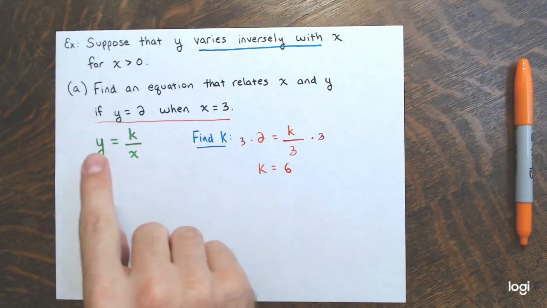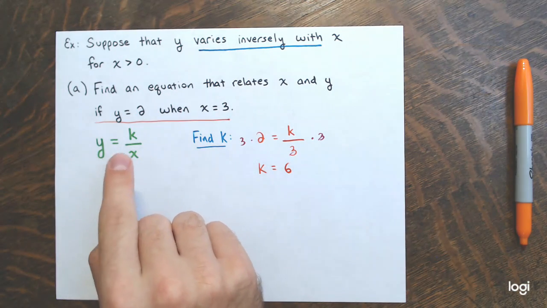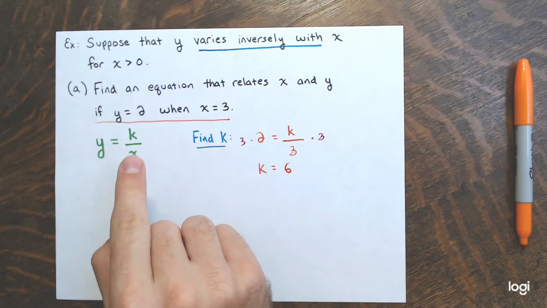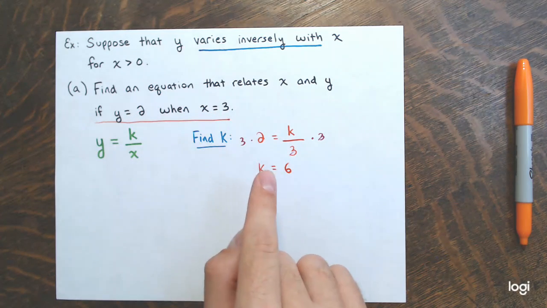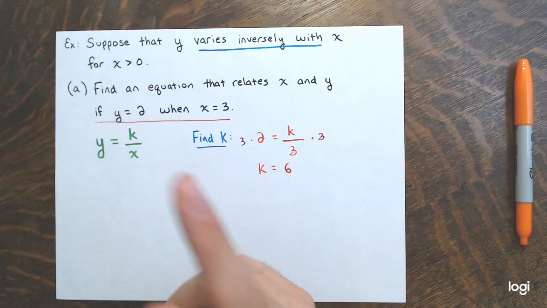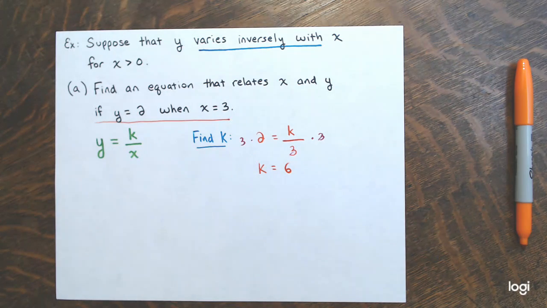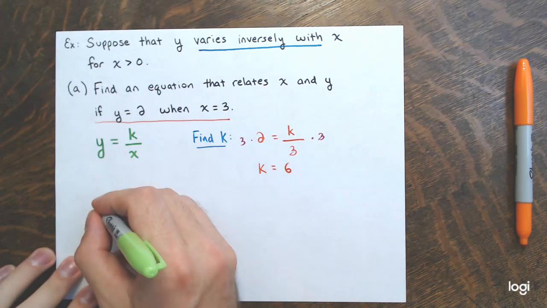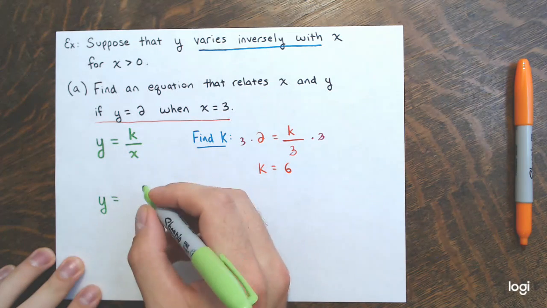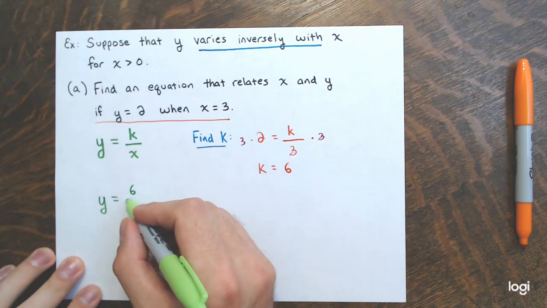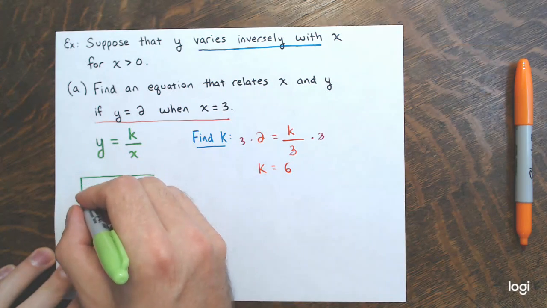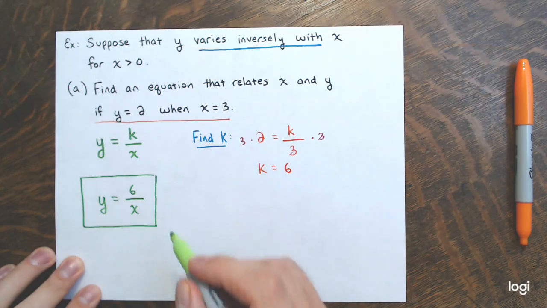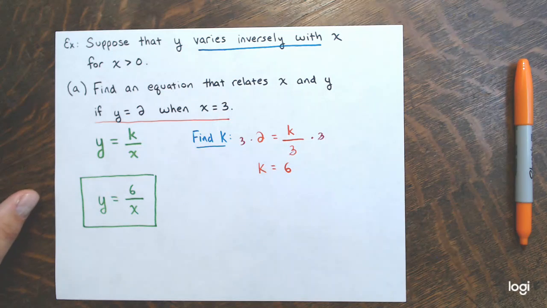We know that y and x are inversely proportional, so y must be some constant divided by x. And if y is 2 and x is 3, the value of k must be 6. So the equation we're looking for is y equals 6 divided by x. There's your relationship between these two variables that are inversely proportional to one another.